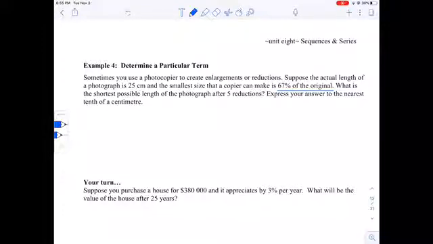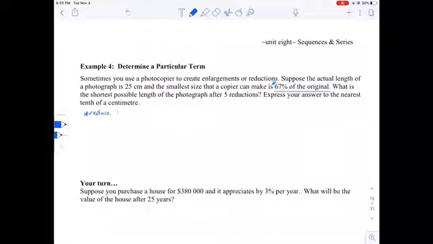So if it's keeping 67%, we could also reword this and say we're reducing the picture length by 33%.